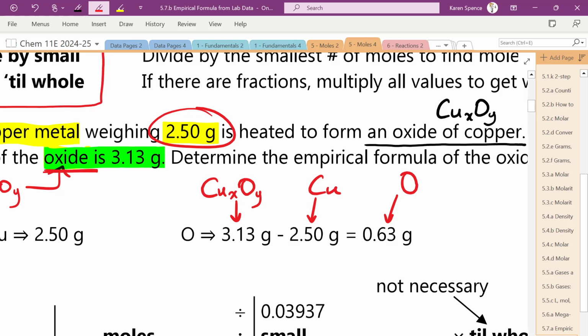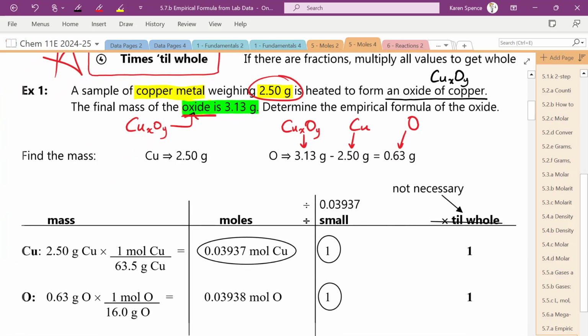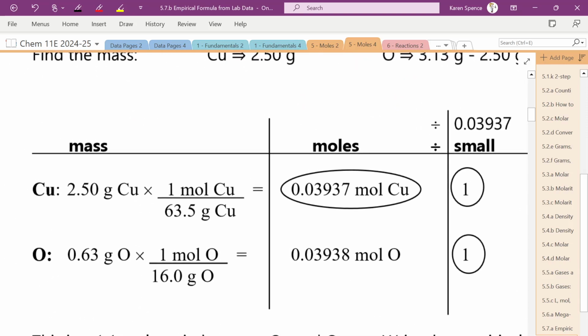Mass to moles. I like setting up my problem in this little chart. I'll explain why in a minute, but you don't have to use the chart. You can just show your work without all the lines, okay? So we're doing each element. We found the mass of each element. Now we need to find the moles of each element, and you guys know how to find moles from mass, yes? What do you use to convert?